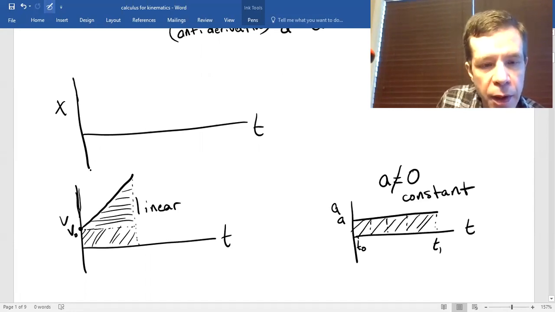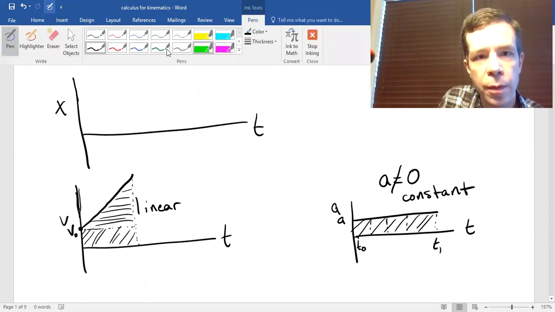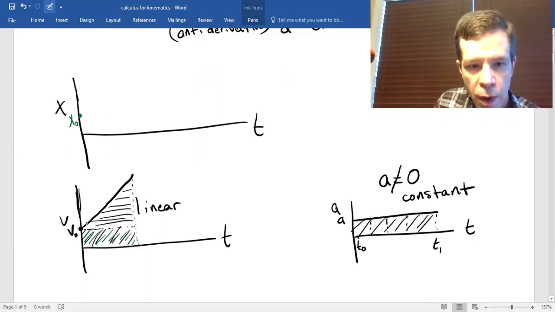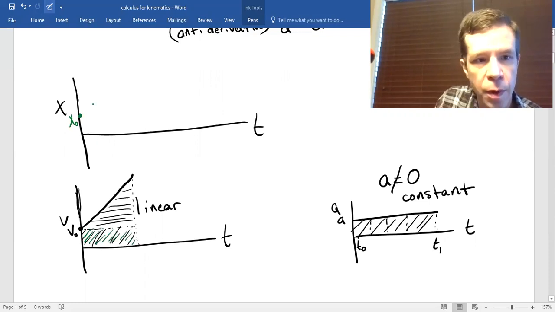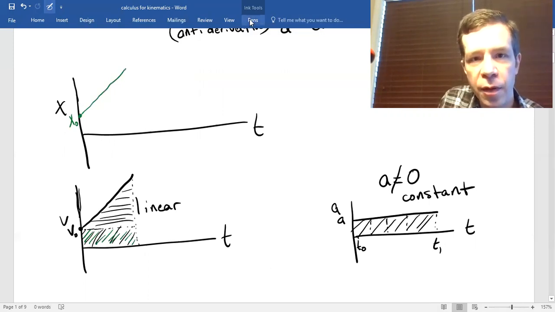So if we look at the area under the rectangle, again we'll assume some unknown x0, just the area under the rectangle, which I'm going to do in green. That would be a constant value, and that would give us a linear increase. But that's not everything that's going on.